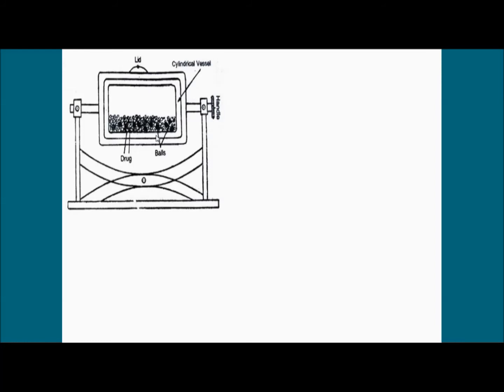Here we have the balls. These white ones are the balls, and the black ones are the drugs to be crushed, right? This is mounted on a horizontal frame. Sometimes it can be rotated mechanically by a handle, and sometimes it is moved by a motor.